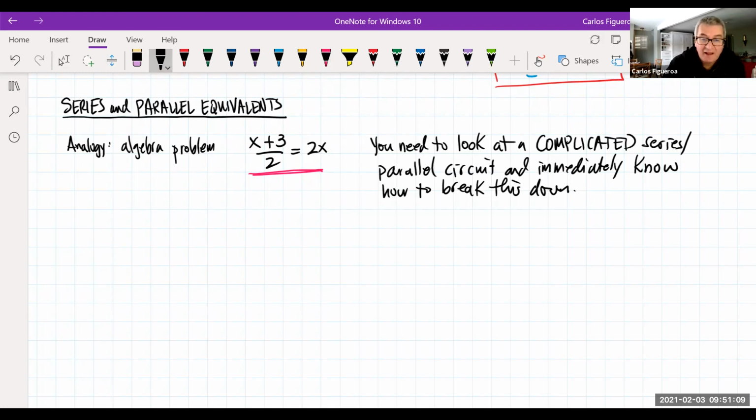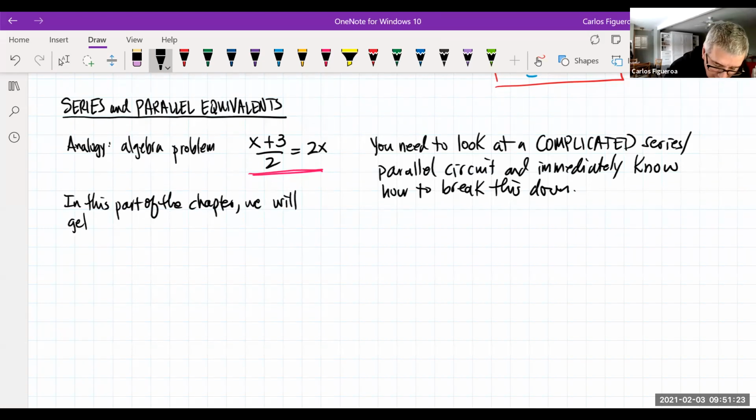So the idea here is that in this part of the chapter, we will get complicated circuits.